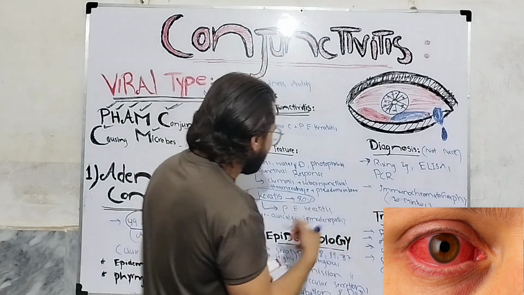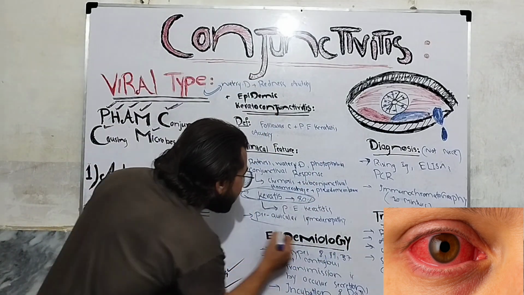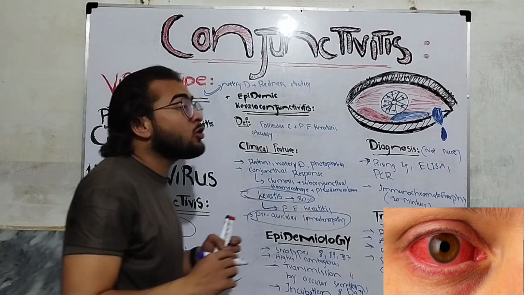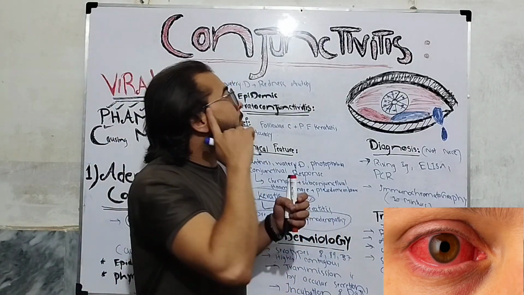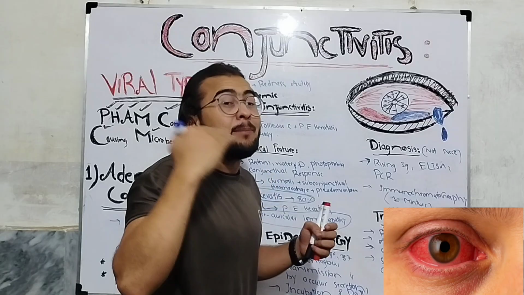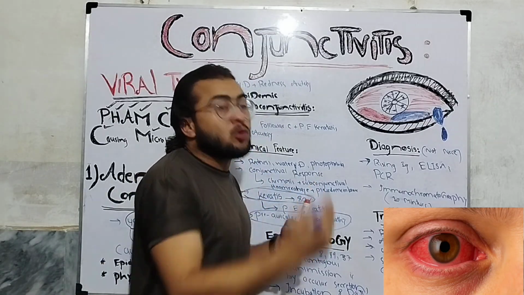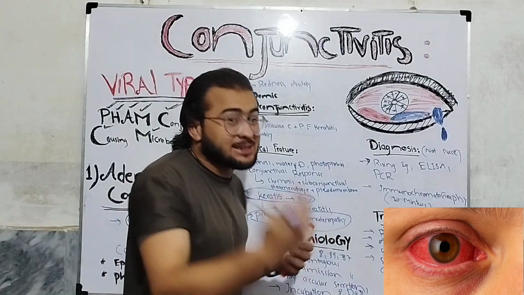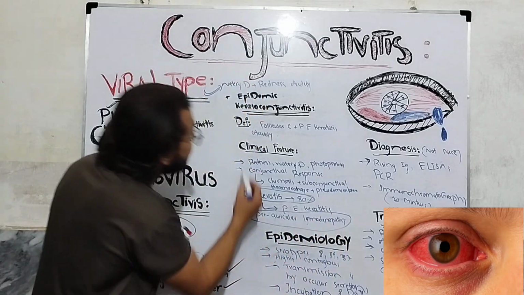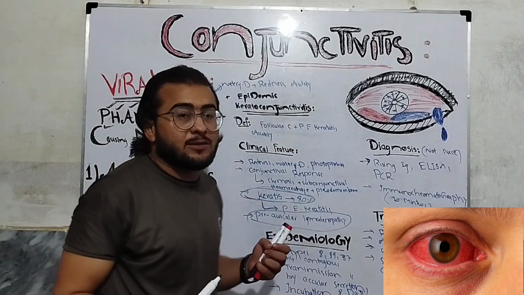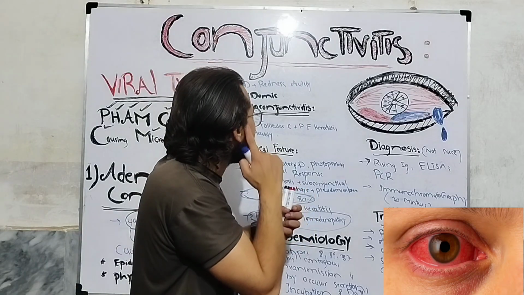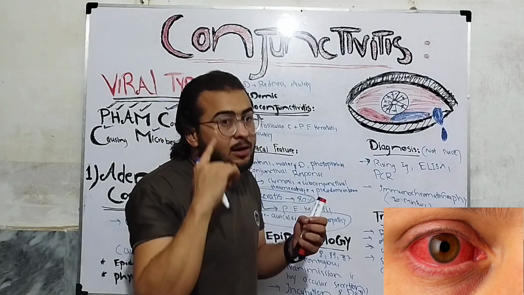The virus is also most probably causing pre-auricular lymphadenopathy, like we discussed in the gonococcal and membranous types of conjunctivitis. The pre-auricular lymph nodes may be involved.